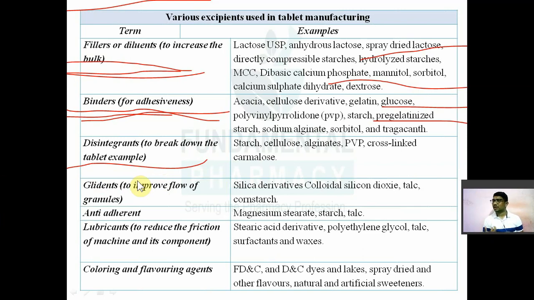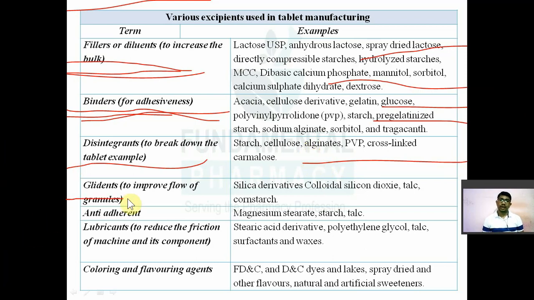If the drug is not released, then what is the use of the tablet? So that's why to promote the breakdown of the tablet in the GIT, you use disintegrant. For example, starch is used, cellulose is used, then cross-linked carmellose is used, polyvinyl pyrrolidone, then alginates. So these are known as disintegrants.